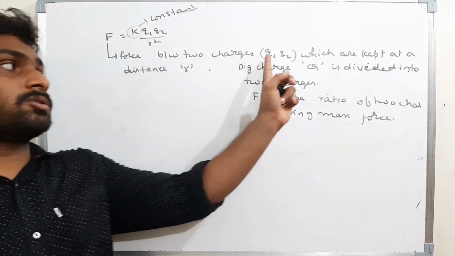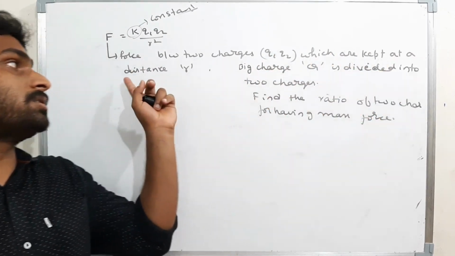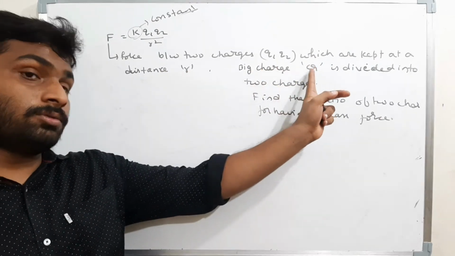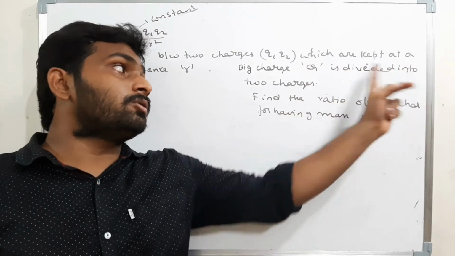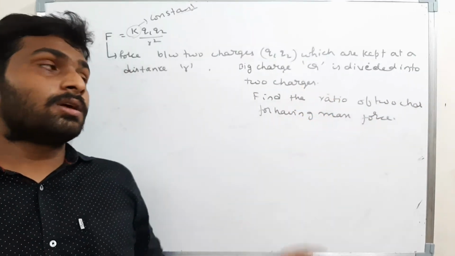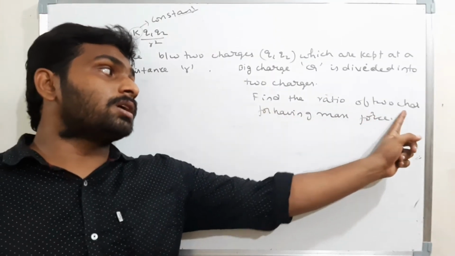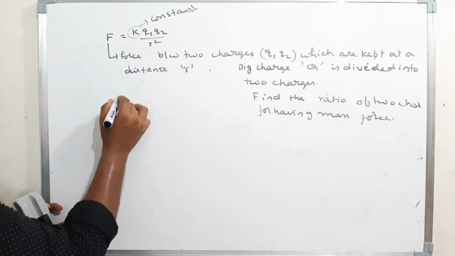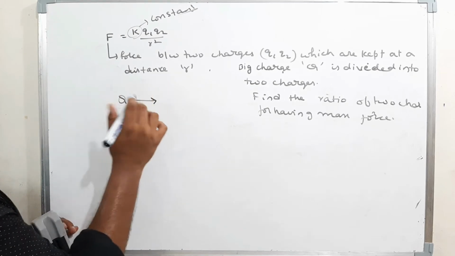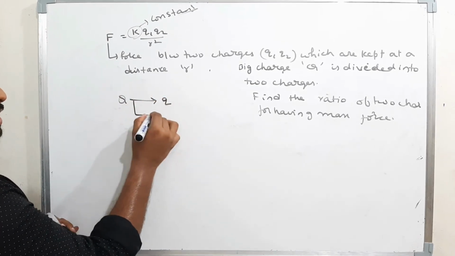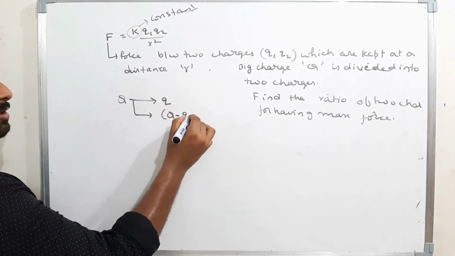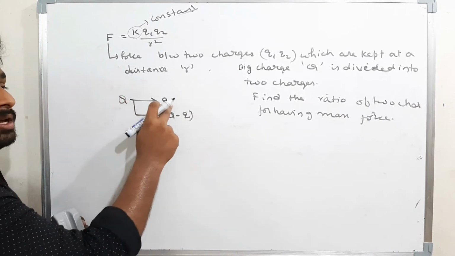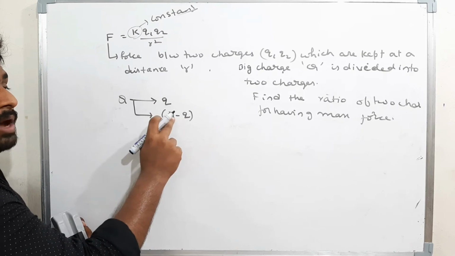Force between two charges Q1, Q2, which are kept at a distance R, where F is the force. Now, big charge Q is divided into two charges. Find the ratio of the two charges for having maximum force. That means capital Q is divided into two charges, that is small q and capital Q minus small q.